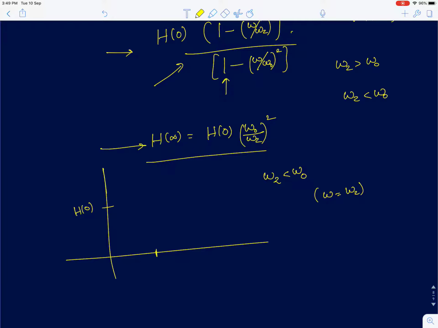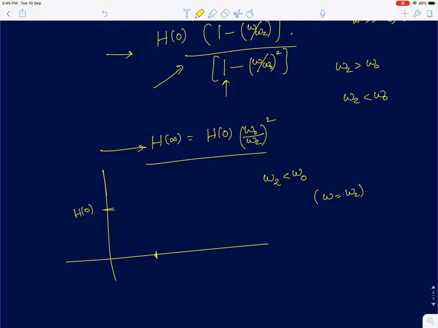So first here you are going to get a 0 at omega z. So the function starts off at h of 0, and then it becomes 0 at omega z, and then after omega z the function will start increasing. Now again at omega equal to omega naught, the function is going to blow up to infinity.